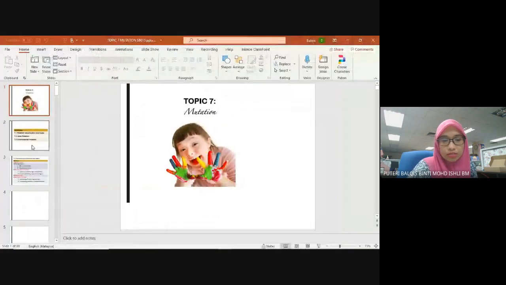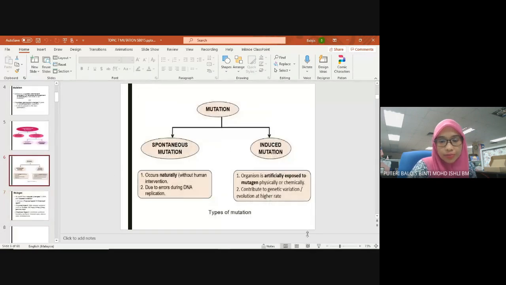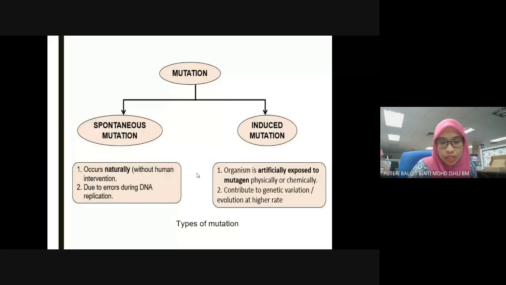Okay, so tadi kita stop dekat sini. Okay, mutation. Alright, so mutation ni kita ada dua jenis. Kita ada spontaneous and induced mutation. Spontaneous ni berlaku secara spontan. Okay, they occur naturally without human intervention. So this is error during DNA replication.